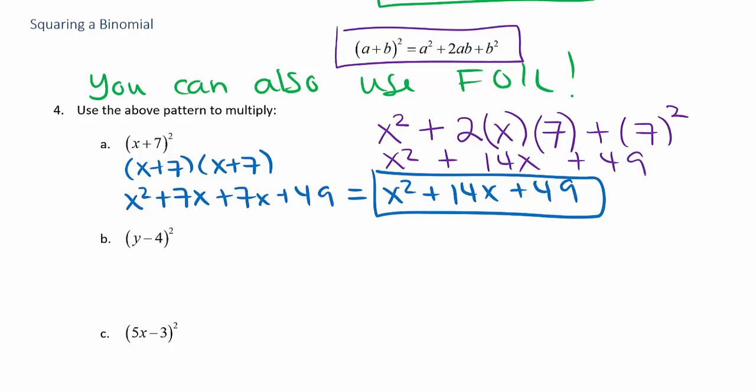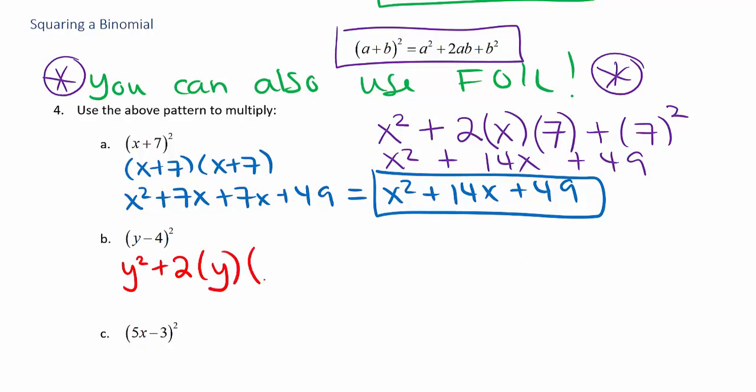Again, I think most students might find it easiest to just use FOIL on these problems, but I did want to point out the formula because some of you, if you have a good memory, might find this formula a little bit faster. So if I wanted to use the formula in part B, I would take the first term squared, so y squared, plus 2 times y, and then this time I'm going to say that b is a minus 4, plus minus 4 squared.